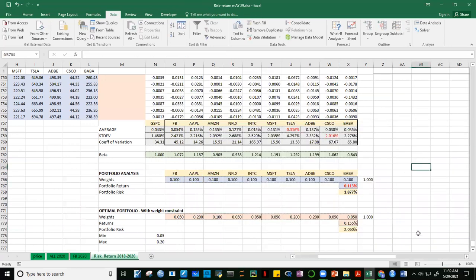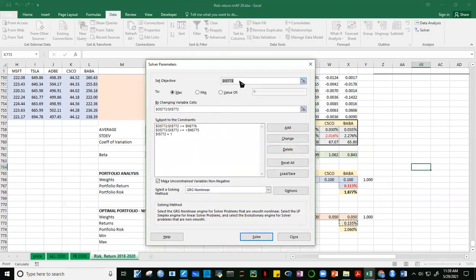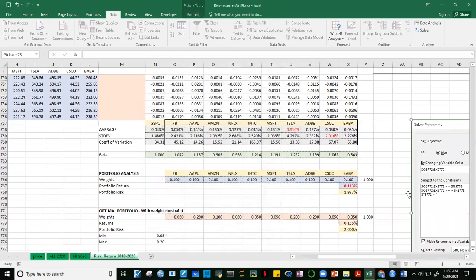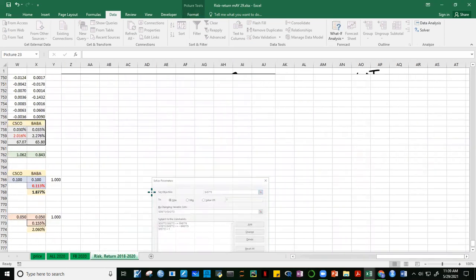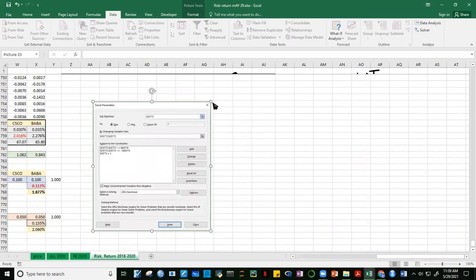Anyway, ulit. Data, Solver. Para ma-print ko lang, Control Alt Print Screen pala. Control V. Okay, para kita nyo lang kung ano yung solver parameters natin.